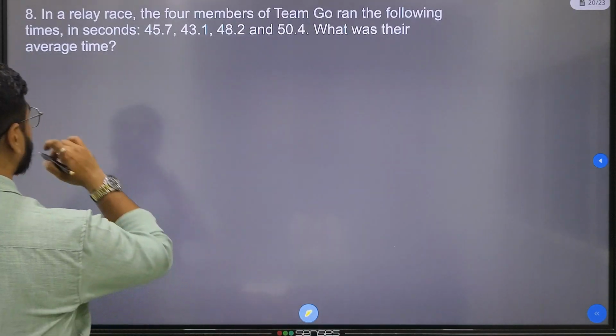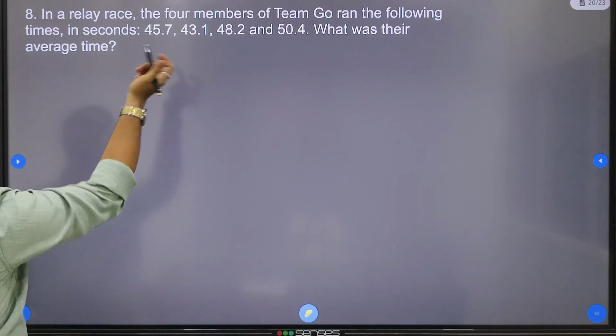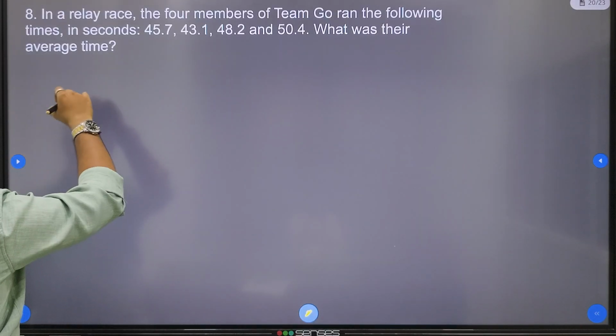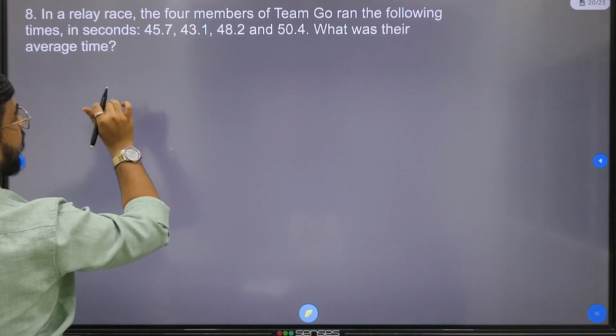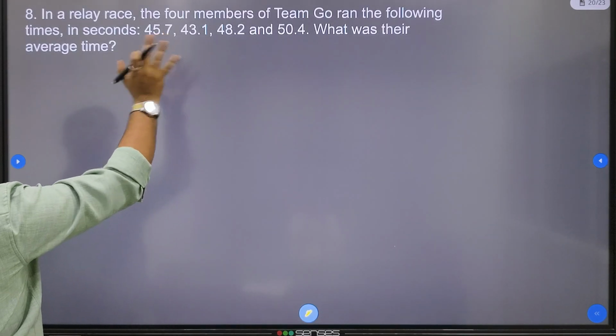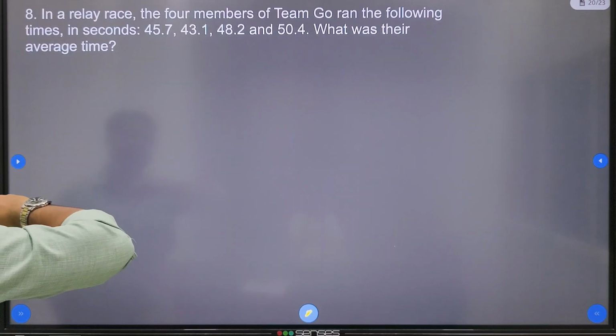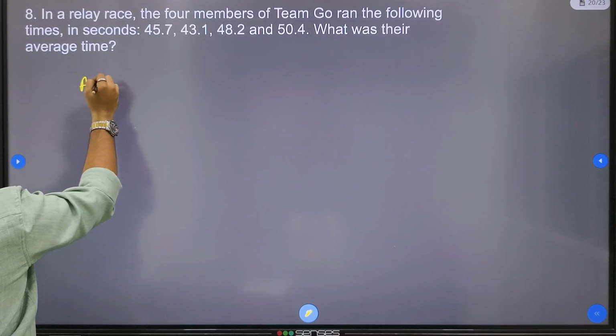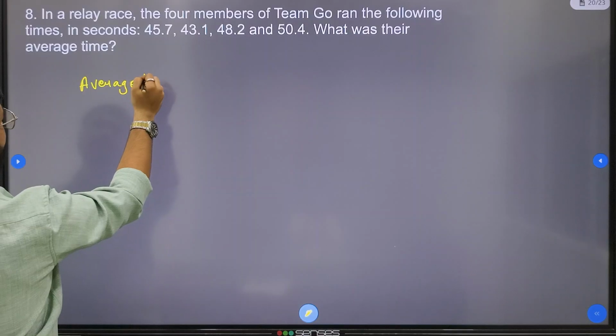So let's do that. So there are a total number of 4 members in team Go. We have to find average time.